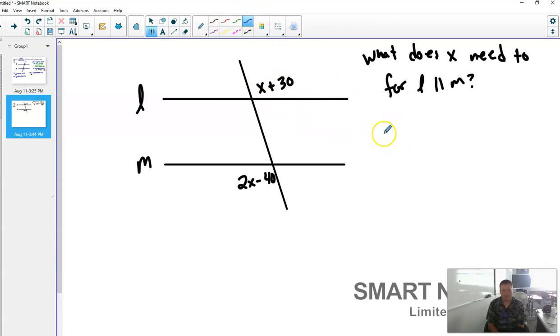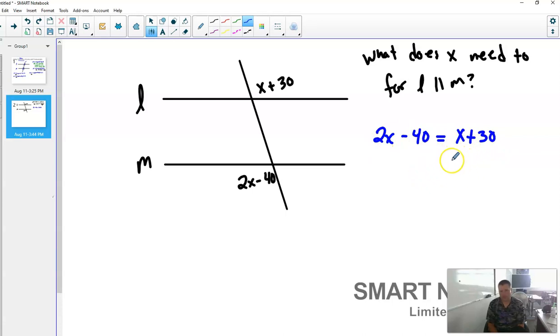The nice thing is I can write out this statement: when does 2x minus 40 equal x plus 30? I want that to be true for these to be parallel, and that will show me the value of x. Instead of guessing and checking, I can just solve this.